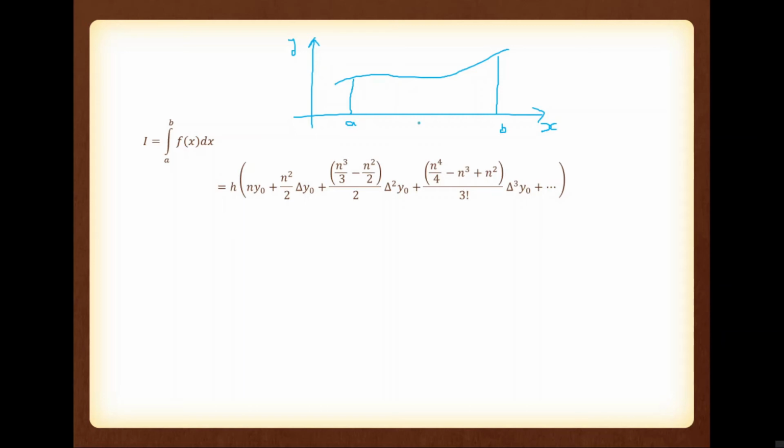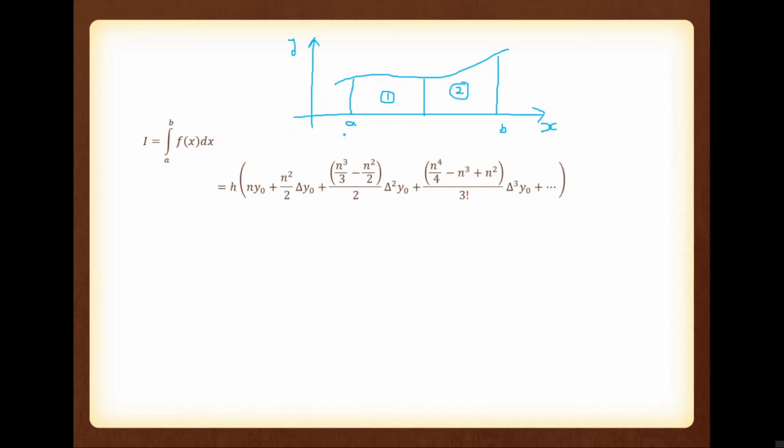Now here we are going to divide this given interval into two equal subintervals. Please note, we are going to divide the given interval into two equal subintervals. This is one subinterval, this is the second subinterval.